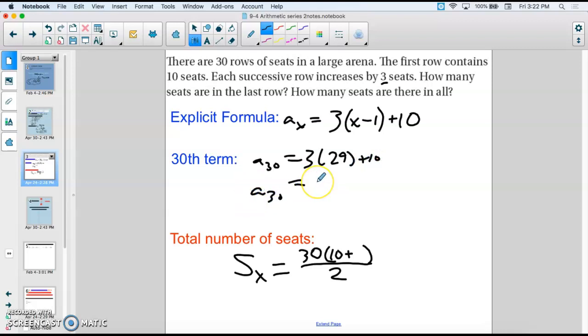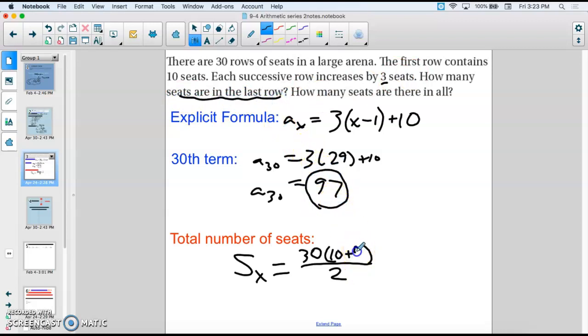Okay, 29 times 3 plus 10 gets me 97 chairs. So I guess the first part to the question, how many seats are in the last row? 97 in the last row.